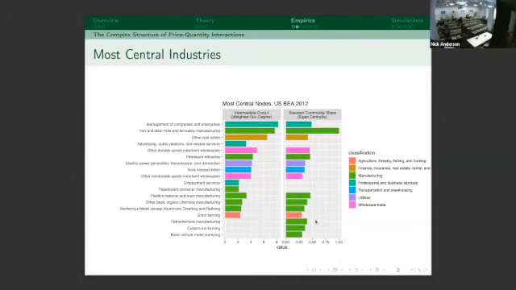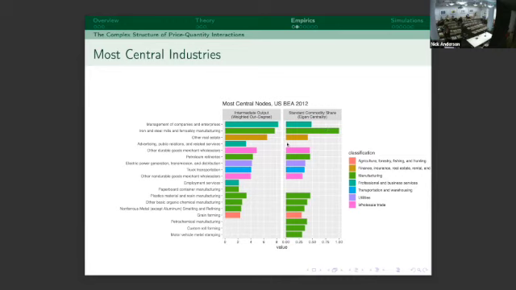So these are the most central industries according to two different measures of network centrality. On the right, you have the eigenvector of the matrix, which is also called eigencentrality, or the share in the standard commodity. And you can see that in green, manufacturing predominates. Iron and steel mills has an eigenvector value of 1.